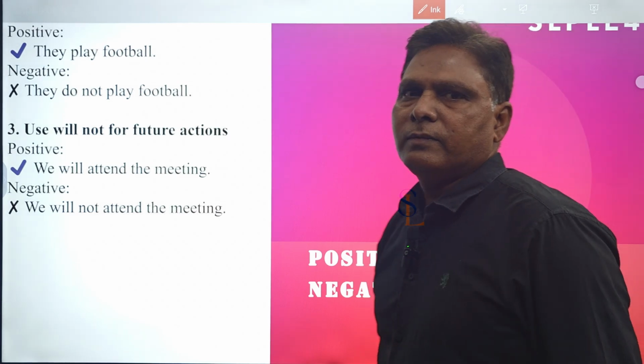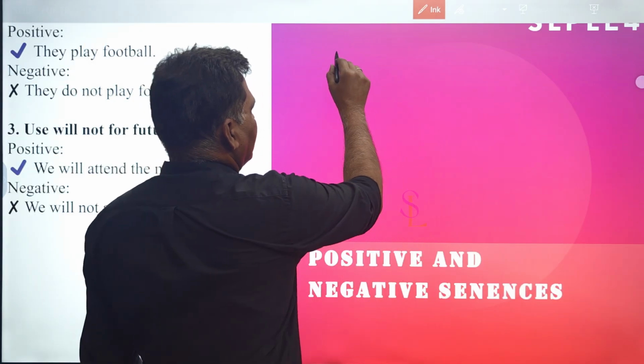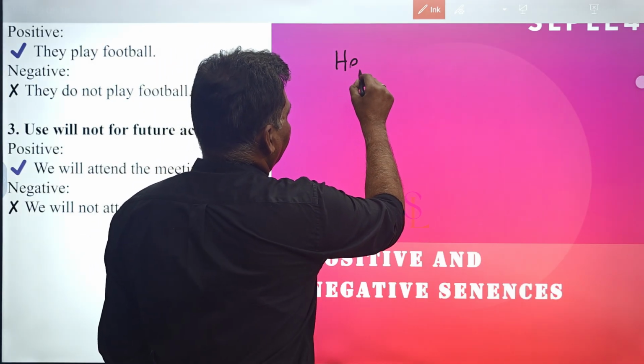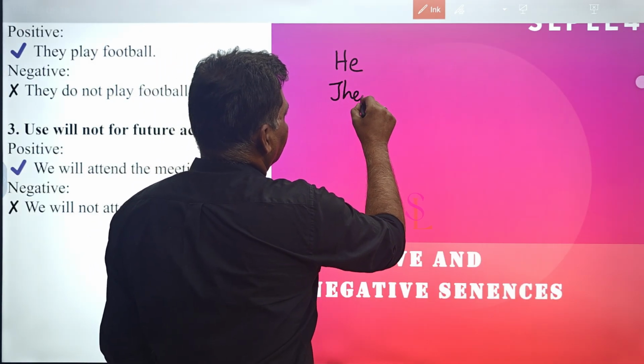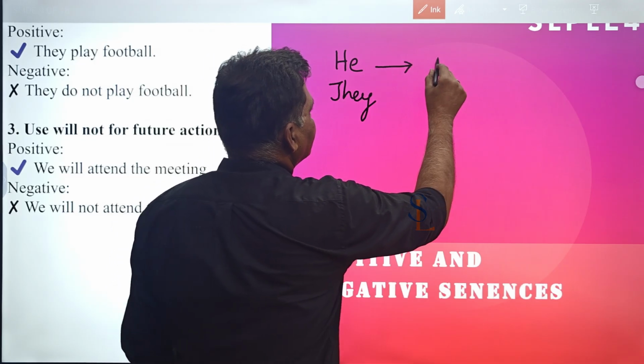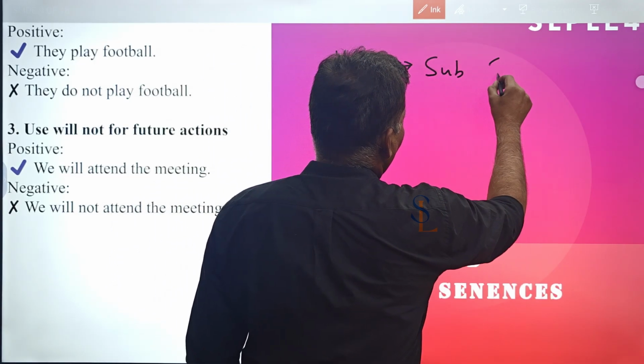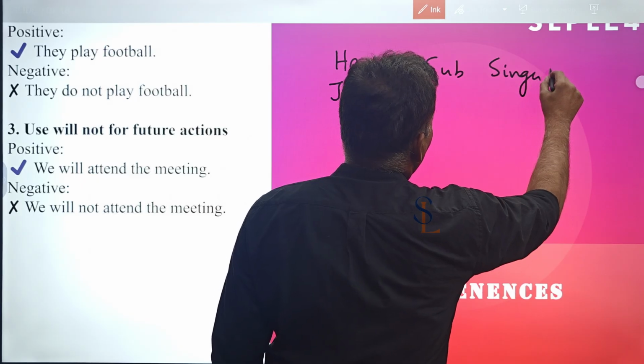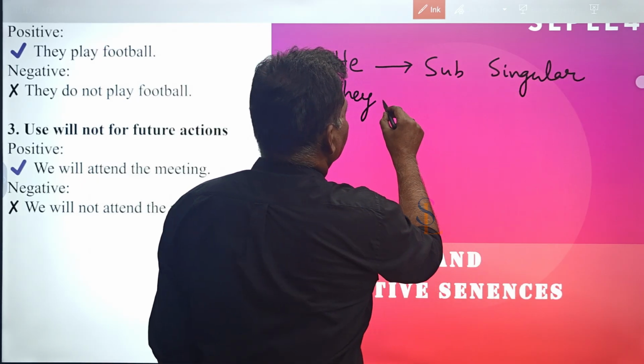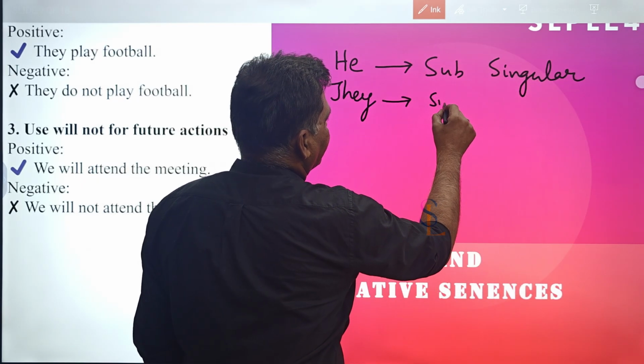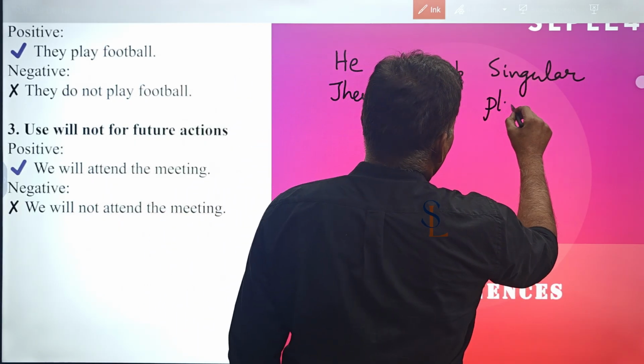Let me show a few examples. When you understand he, they: he is a singular subject, whereas they is a plural subject.